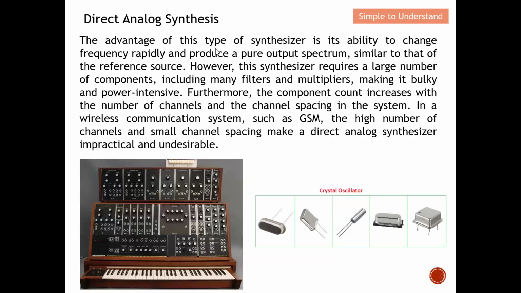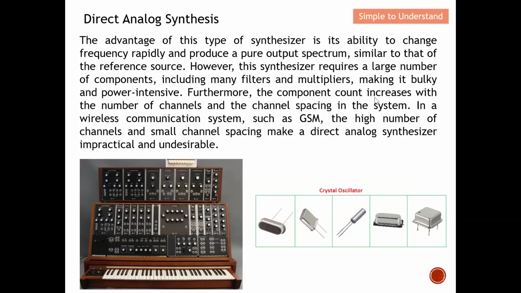The advantage of this type of synthesizer is its ability to change frequency rapidly and produce a pure output spectrum. Remember this is still analog, and because of this, you can call it a pure output spectrum, similar to that of the reference source. However, this synthesizer requires a large number of components, including many filters and multipliers. This makes it very bulky and power intensive.